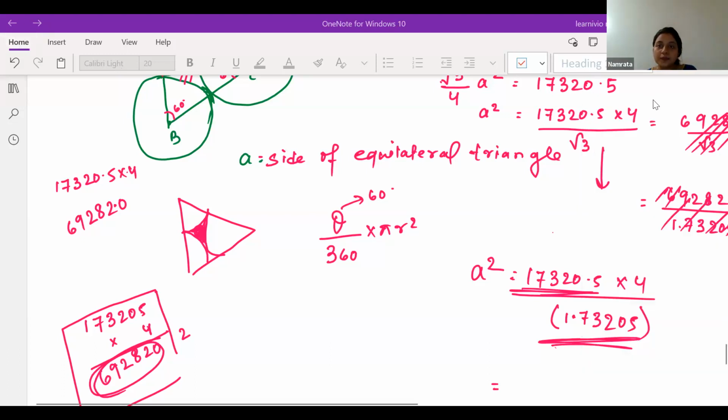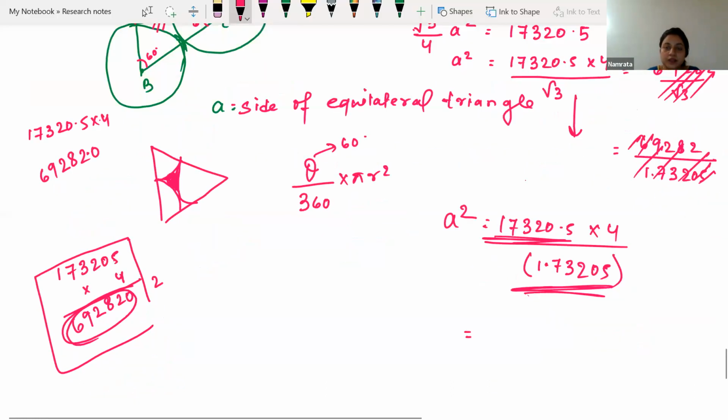Yes, what did you get? Jasleen and Madhya, what did you get? Still doing? Can you see the screen? Yes, ma'am. So here, if we multiply this one, how do we remove the decimal? Anyone?